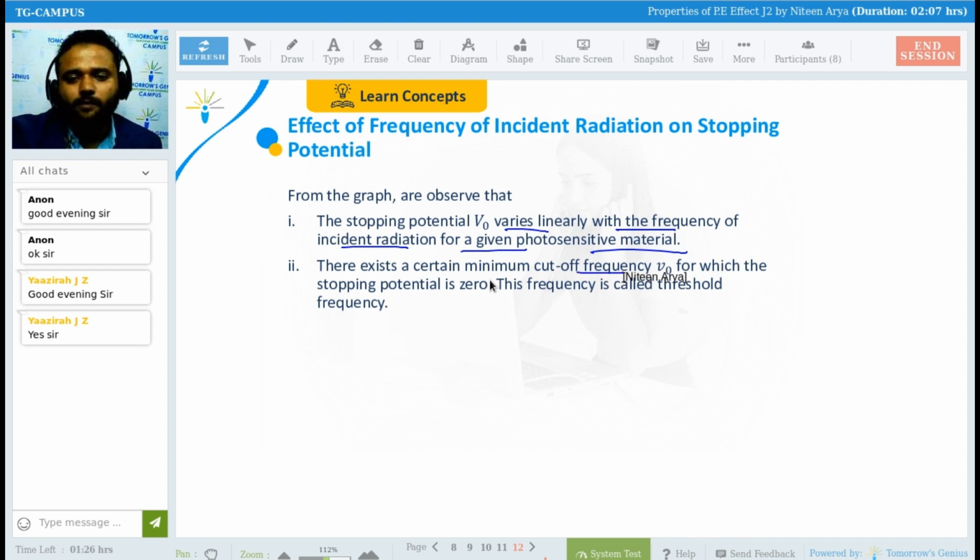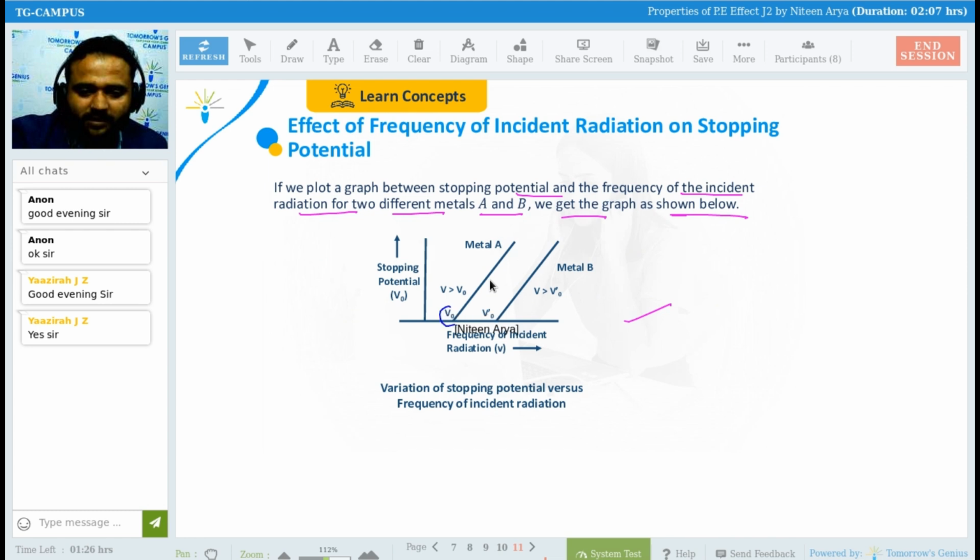There exists a certain minimum cutoff frequency, nu naught, for which the stopping potential is zero, and this frequency is called the threshold frequency. So that is the main thing.